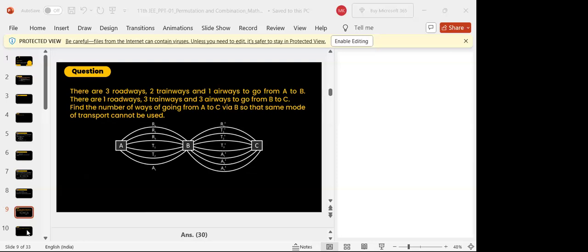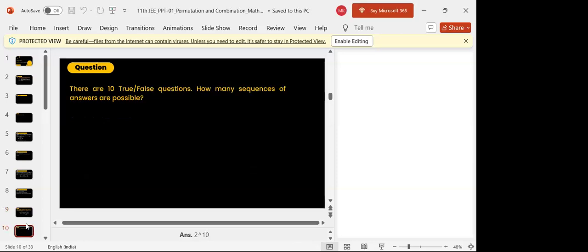Next one. There are 10 true or false questions. How many sequences of answers are possible? The number of sequences of answers possible, you can write it in the form. It's very simple.